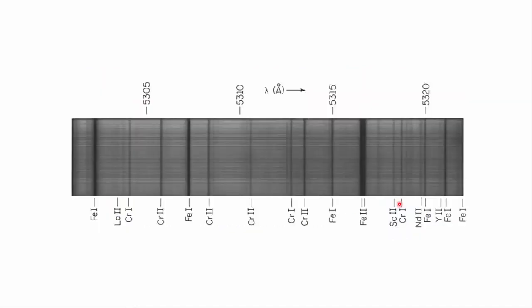This is a picture of a small part of the sun spectrum. This only goes from about 530 nanometers over on the far left end, up to a little more than 532 nanometers. Again, the top scale is in angstroms. Divide it by 10 and you'll have the scale in nanometers.